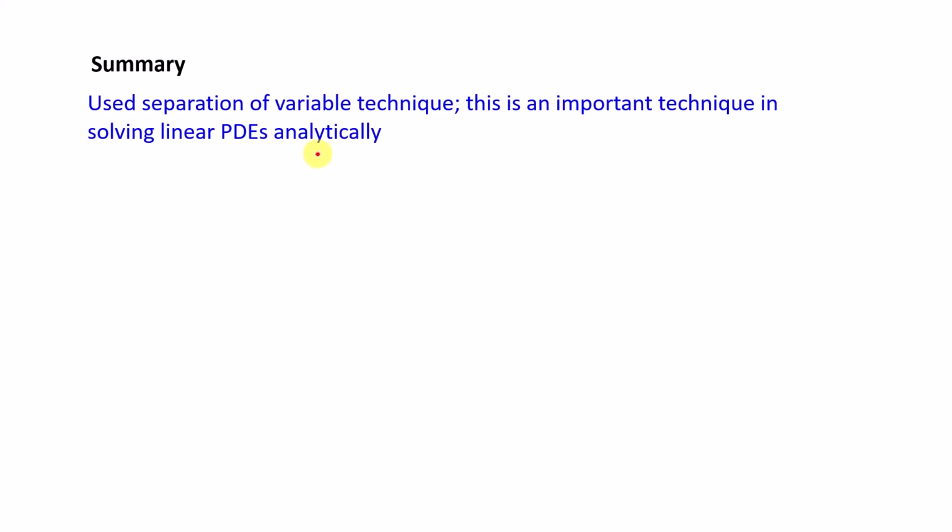The separation of variables technique is an important technique in analytical solution of partial differential equations. Not only in this equation, there are many other linear partial differential equations we solve using separation of variables. So if you can understand and learn this, it will go a long way for all engineers and scientists.